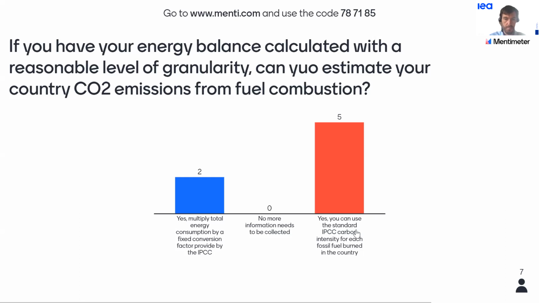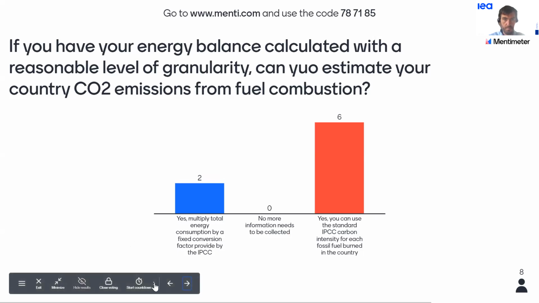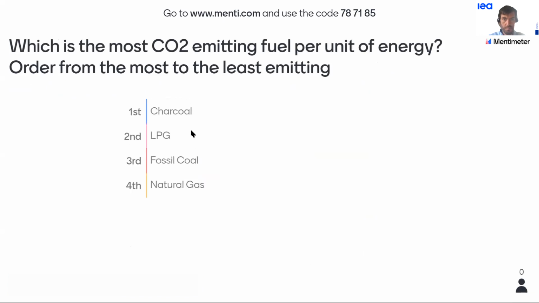Indeed, you need to use a specific carbon intensity for each of the fossil fuels. If you apply a fixed or average carbon intensity to the total consumption, you might have some mistakes, unless your carbon intensity indicator is already taking into account the energy mix in your country. Let's go to the next question.